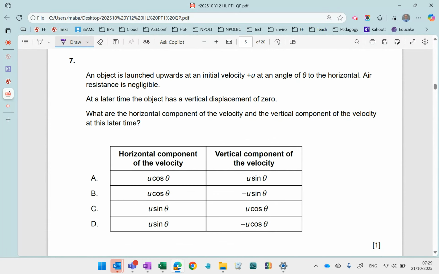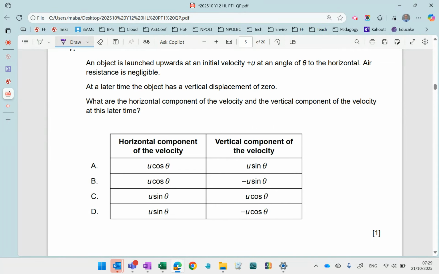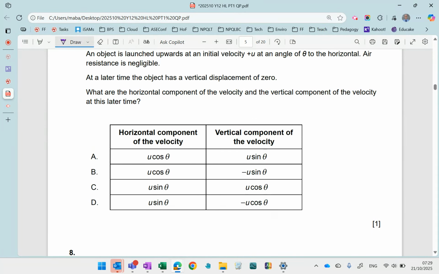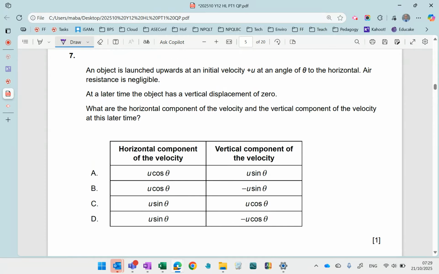If it's launched upwards with initial velocity, and we want the horizontal component and the vertical component of the velocity at this later time. So what this is saying is it's launched with U at that angle theta there.